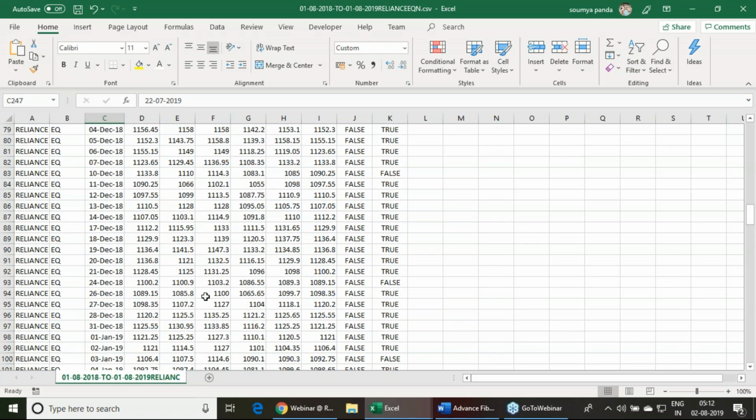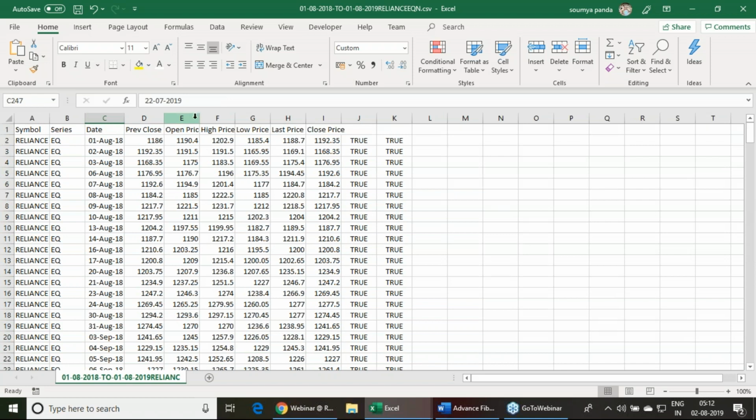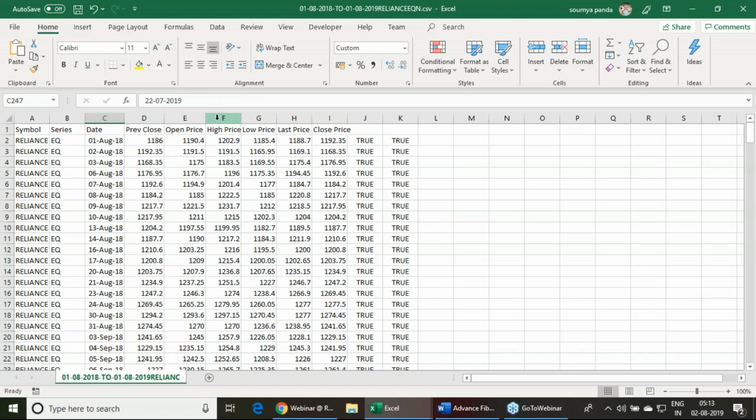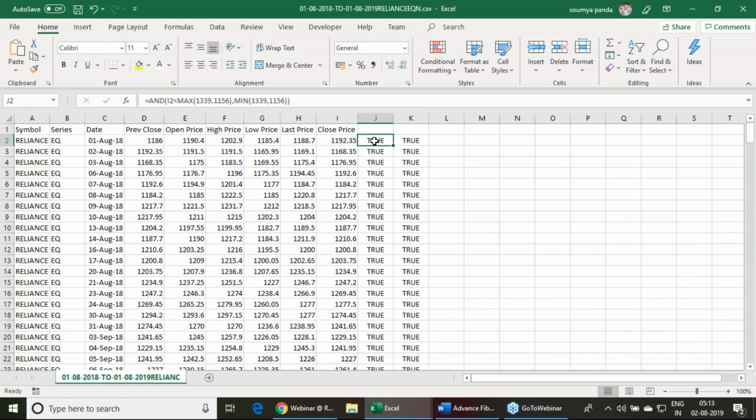After taking that, I need to test how far it is correct. This is all the equity segment: previous close, opening price, high price, low price, last traded price, and closing price. I am going to simulate with the closing prices.